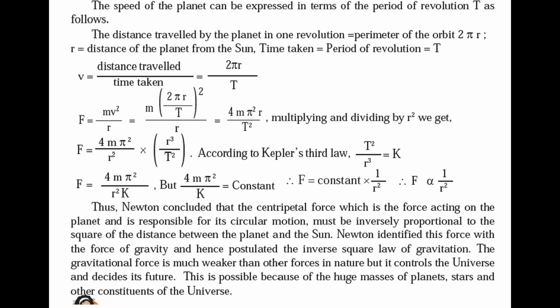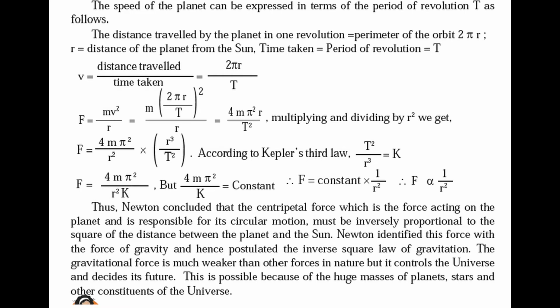The distance traveled by the planet in one revolution is known as the perimeter. So the perimeter of the orbit is 2 pi r. We know from our mathematics the perimeter is 2 pi r, which is the circumference. R is the distance of the planet from the Sun. T is the time taken for one revolution.